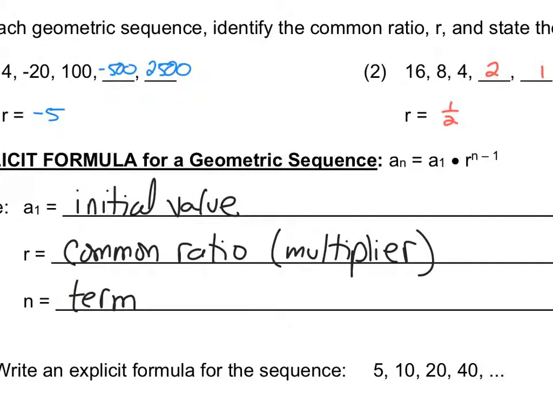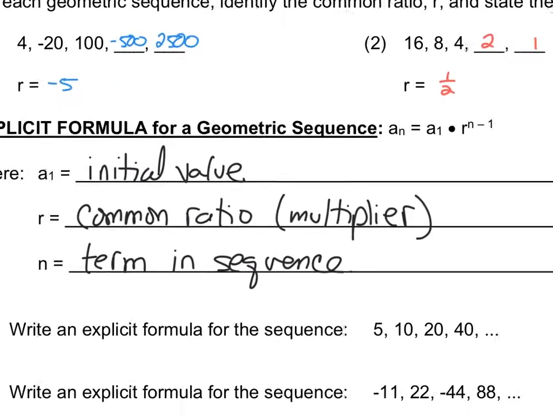And n is still the term in the sequence. So structurally, yeah, the formula looks a little different. But in terms of what makes up the formula, not too much different. It's just we're not adding to get from term to term, we're multiplying to get from term to term.